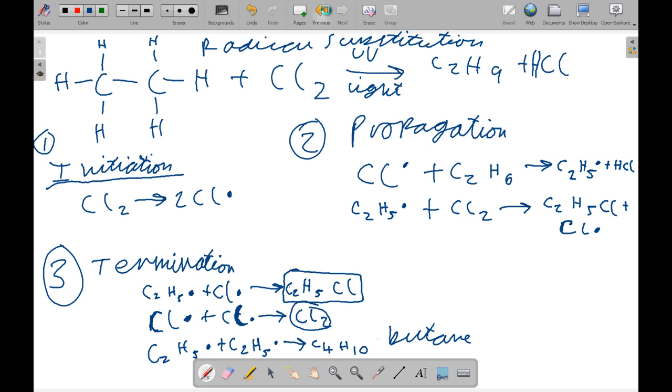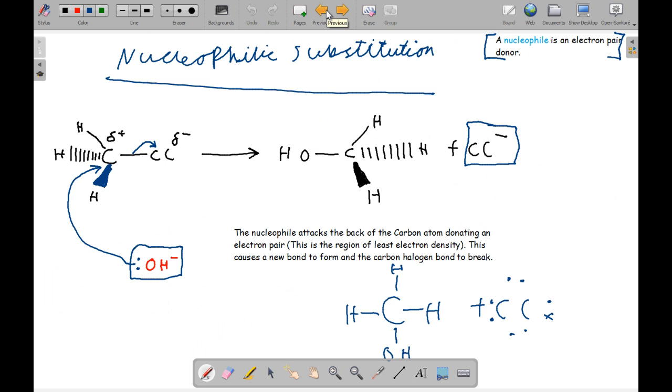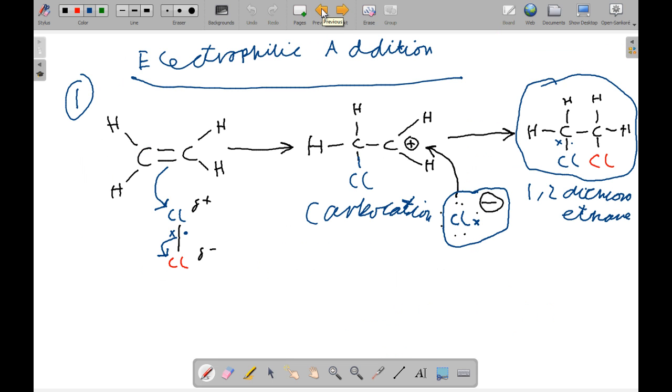And a reminder of the other two very important reaction mechanisms. Nucleophilic substitution is when a lone pair of electrons is donated to an electron deficient carbon atom, and electrophilic addition is when an electron pair moves to a carbocation to form usually a dihalogen molecule.